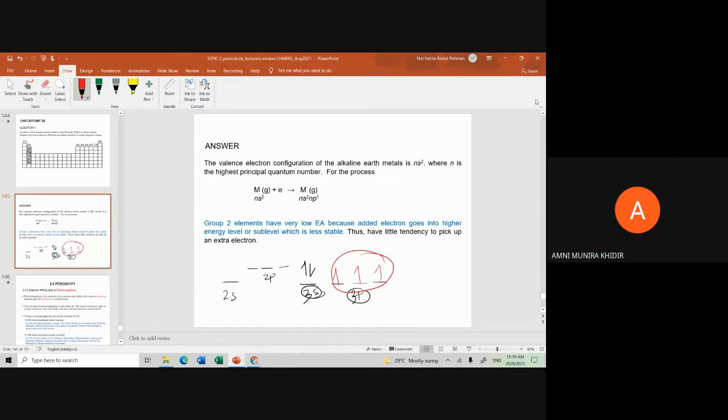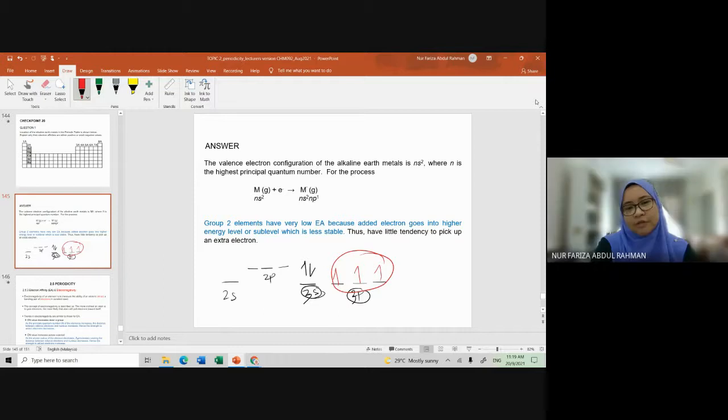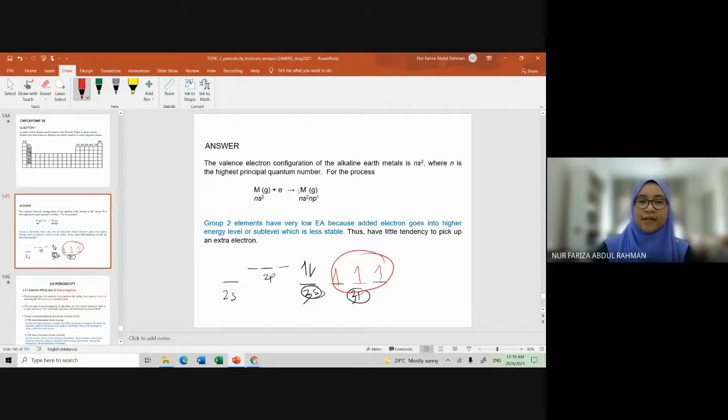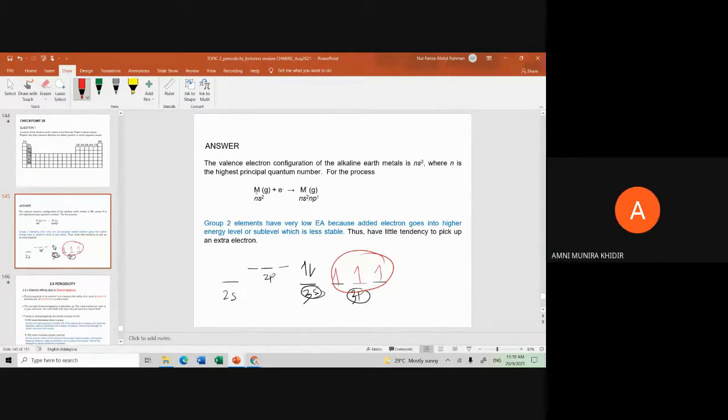Madam, kat situ dia cakap less stable tu kan, tu maksudnya elemen selepas add elektron lah kan? Ya, once dia M, dia jadi M plus, M minus for example kat sini kan. Kalau saya cakap pasal elemen before add elektron tu, grade stability boleh ke? Maksudnya instead of highlighting this one, you highlight the reactant.